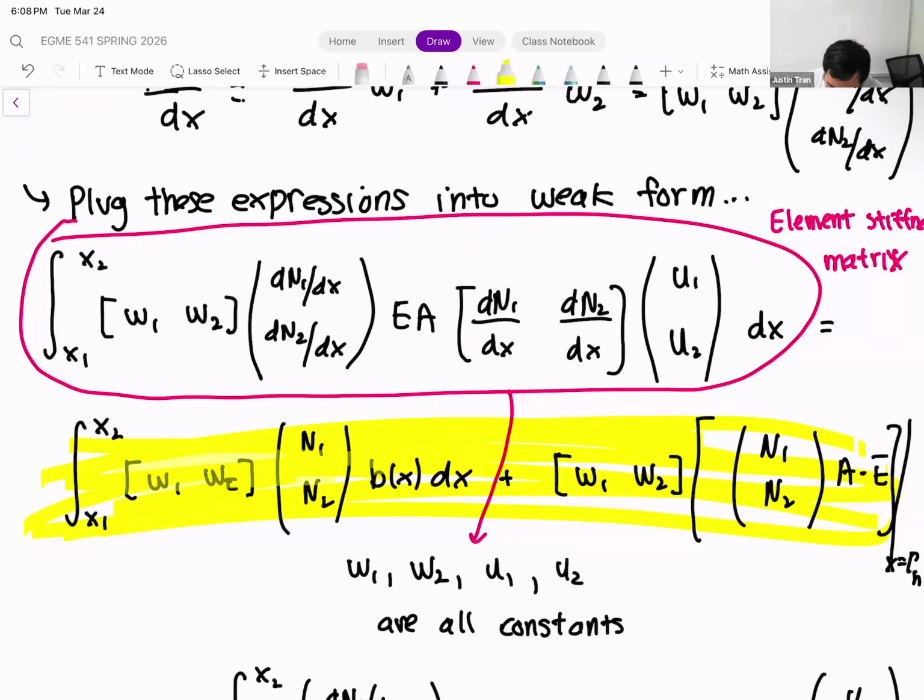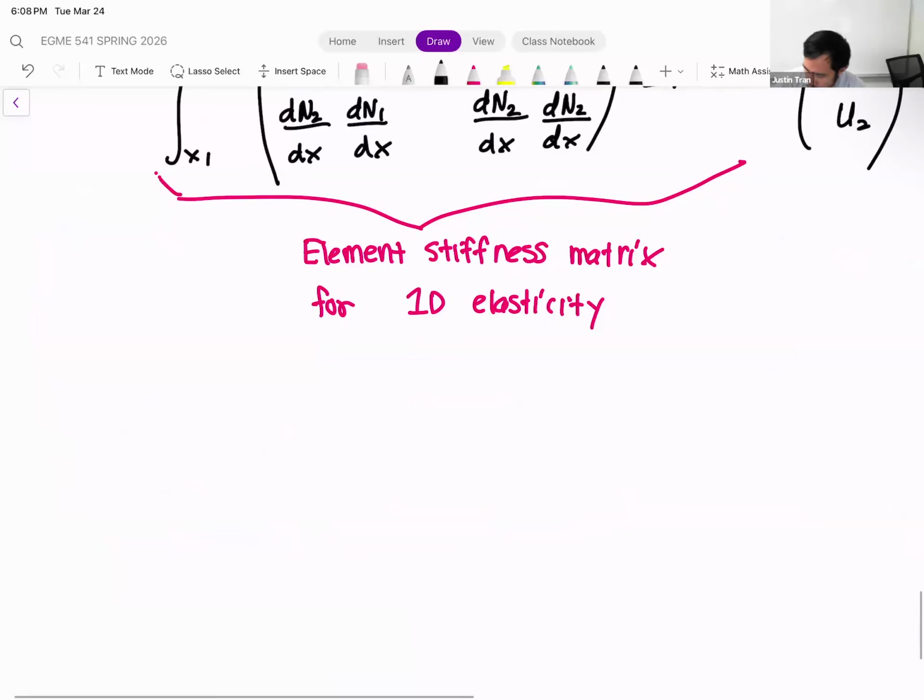This part is quite unique compared to how we did our direct stiffness problems, because when we did direct stiffness, we didn't really have a concept of an element forcing vector. We had an element stiffness matrix, but no element forcing vector. So let's go over that now.